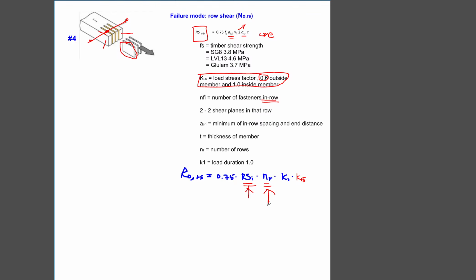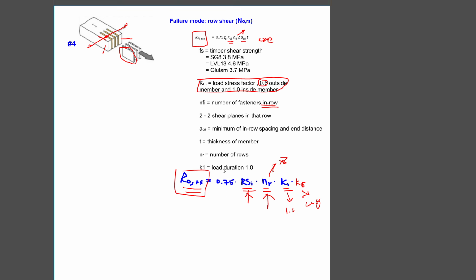So this is a helping factor. If you have 3 rows, it's simply times 3. That increases your overall row shear resistance. Then you go to your load duration factor 1.0, surface factor 0.8, and then eventually you get your row shear resistance. That's it. All right, thanks for watching.